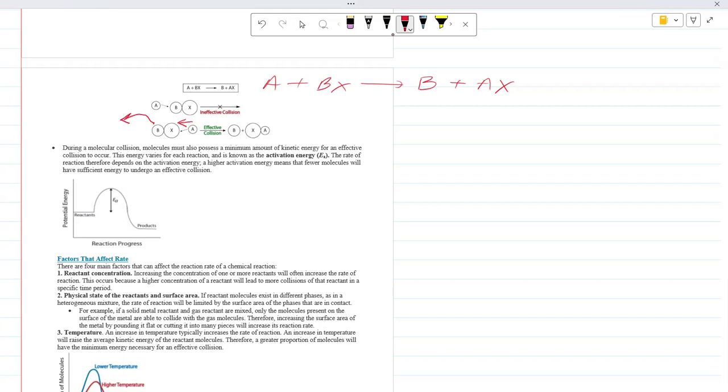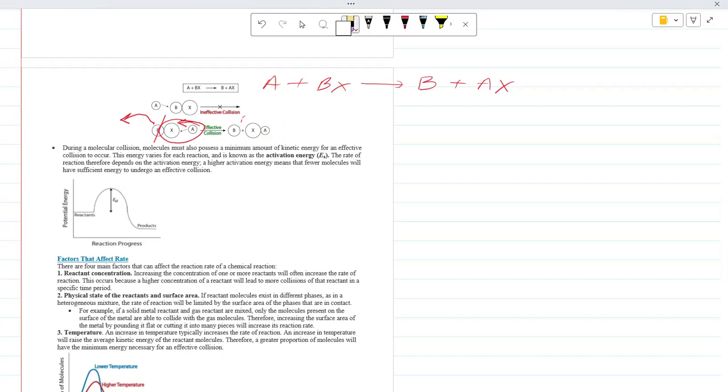If A bombards from the side of X, then once B leaves, you can have a bond forming between A and the molecule X, to give you this. So this is an example of an effective collision.